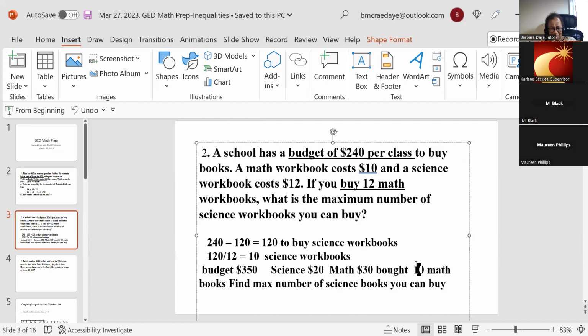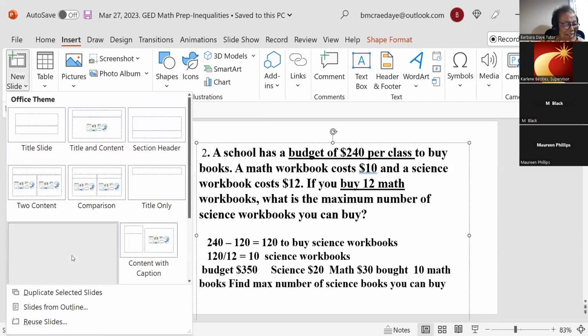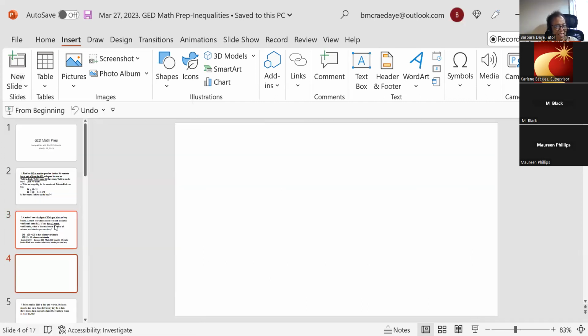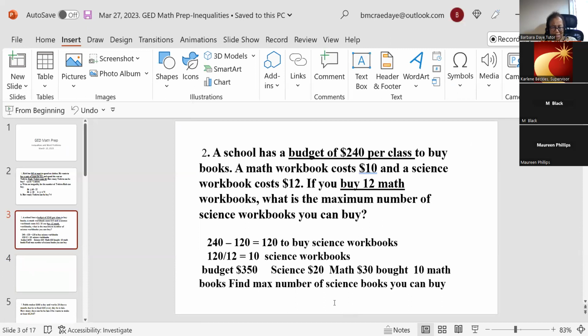So you're going to figure out how much maths book can the 150 purchase. Am I in the right line? Nope. You missed a number.